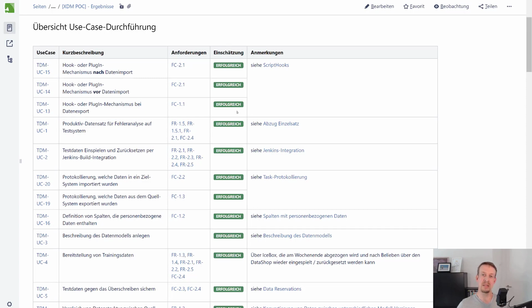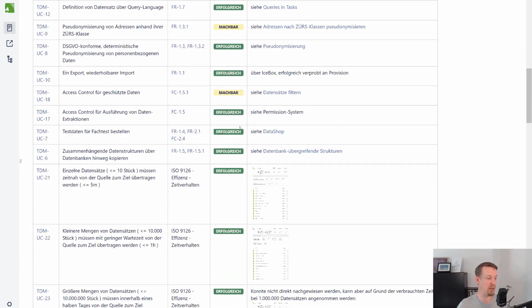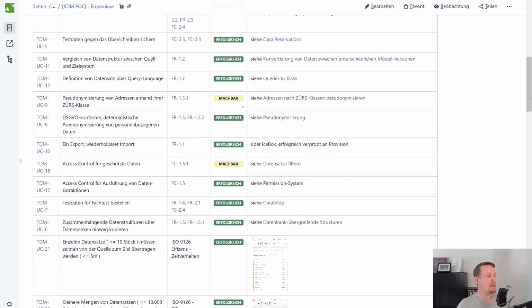Green means we managed to prove that XDM can meet the requirements. Now let's have a look. You see everything green. There are only 2 points that XDM could not provide out of the box, but that was absolutely fine for us.